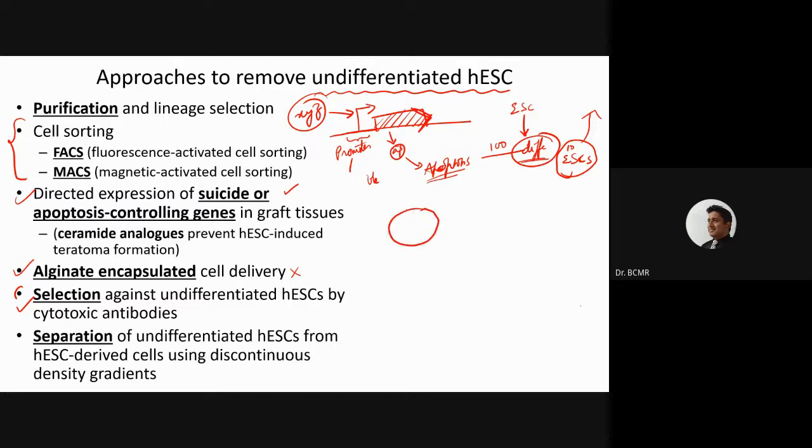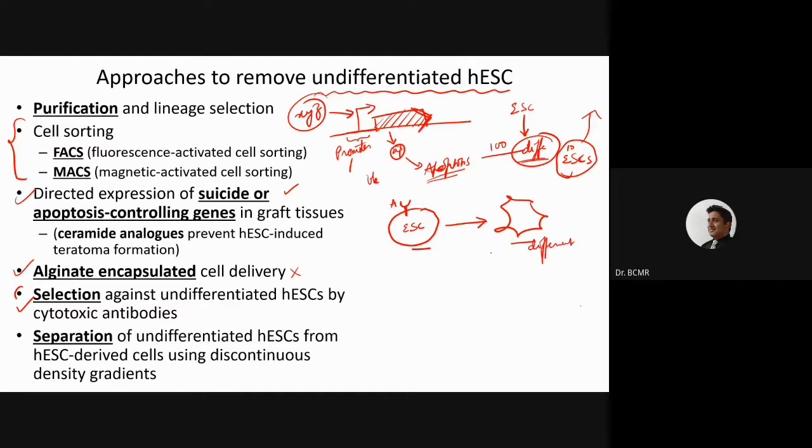What are they? They are receptors or proteins on the surface of cells. So say, for example, an embryonic stem cell has a receptor called A, or some protein available on the cell surface. And if it differentiates into some other cell type, these two are different cells, right?